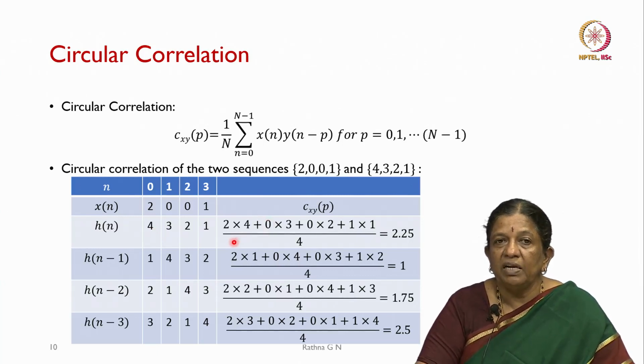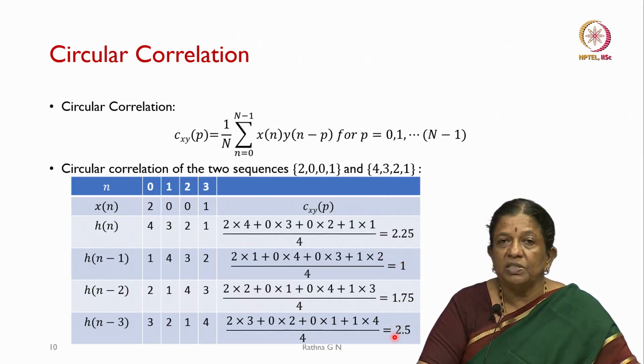When we calculate it, the first value is 2 into 4 plus 0 into 3 plus 0 into 2 plus 1 into 1, and then scaled by capital N, which is 4. You will see that it gives us 2.25, the next one is 1, the next one is 1.75, and the last one in this case is 2.5.